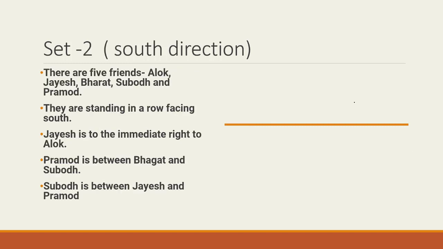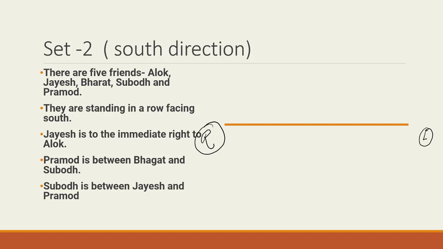Looking at the second set, here we have people who are facing towards south. So we have 5 friends: Alok, Jayesh, Bharat, Subodh and Pramod. They're standing in a row facing south. Now starting data, where we can start off. Now if they are facing south, the left should be towards this side and the right should be towards this side.